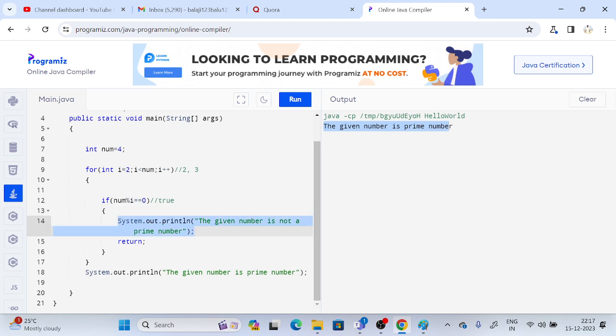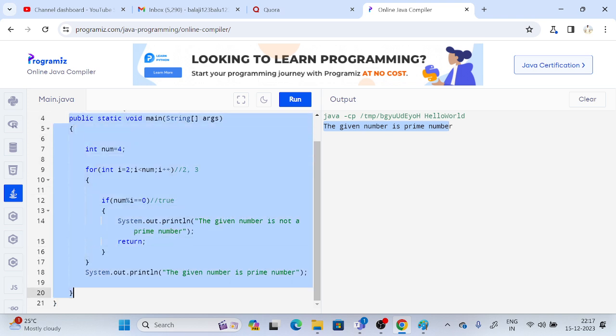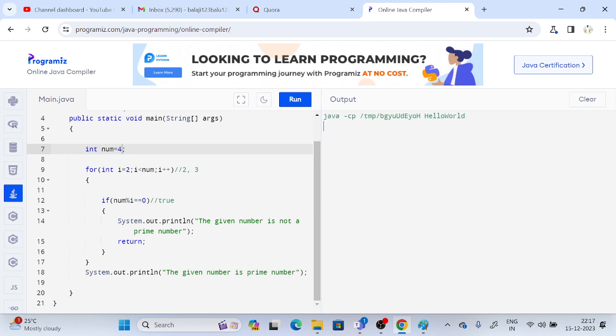So I do not want to check the other factors. So I am just terminating with return. Return means it will come out of the method directly. This is the method. The control will terminate this method. So it is not going to execute this. As soon as it encounters return, it will be coming out. That's why the given number 4 is not a prime number.